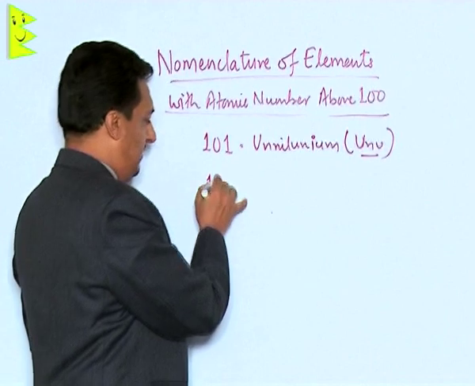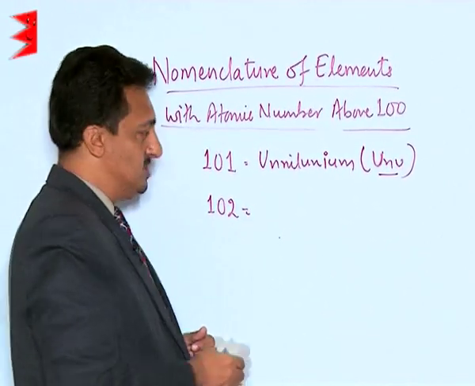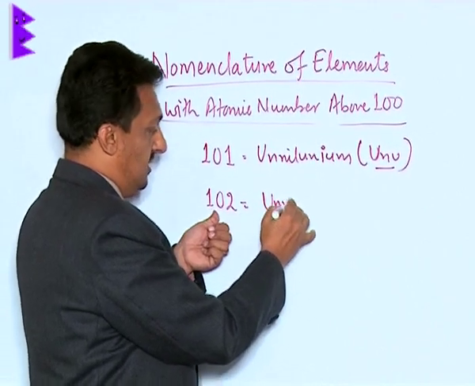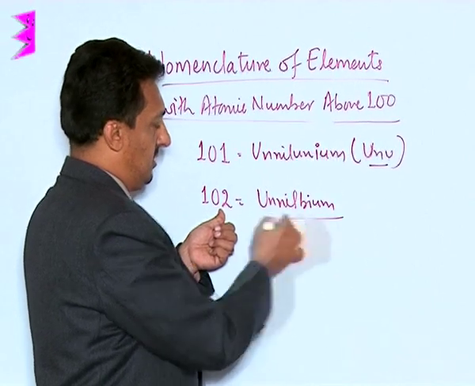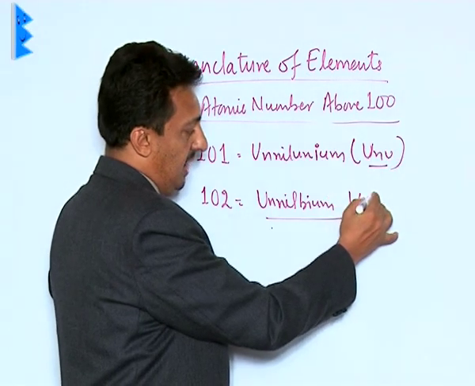Similarly, if we have an element with atomic number 102, it will be called un for 1, nil for 0, and bium for 2, and its symbol will be Unb.